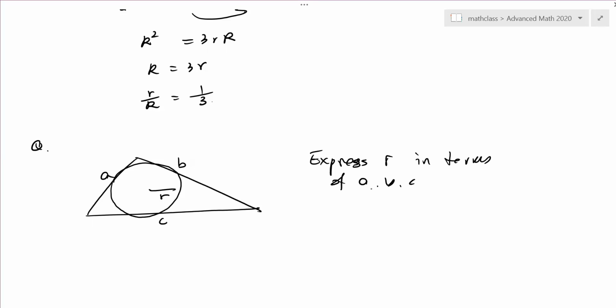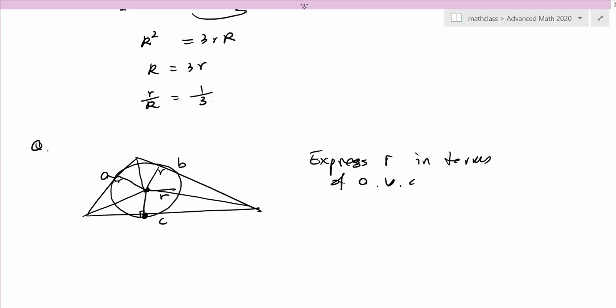Okay. How to do that? Well, you connect the important points. Those are tangent points. So you get a 90 degree angle. But that's not good enough. We still have to connect those important points.